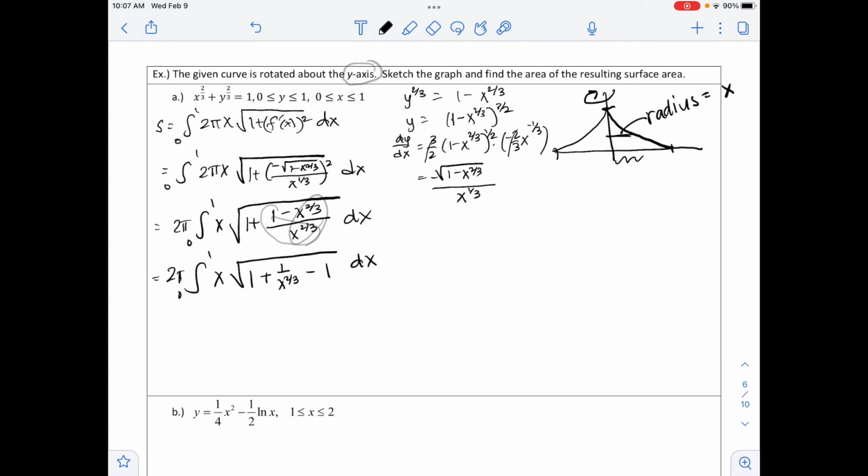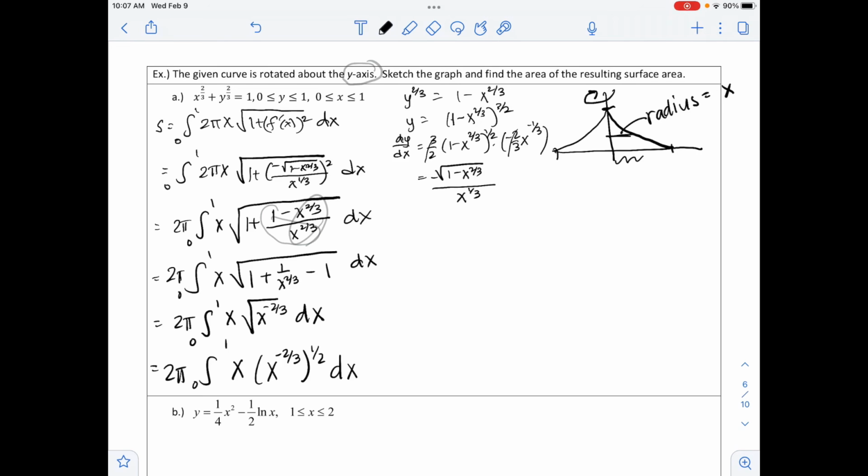And so now looking at this a little bit more, those ones are going to reduce out. And so I have 2 pi times the integral from 0 to 1 of x times the square root of x to the negative 2/3 dx. And the square root's the same as a 1/2 power. So this would be 2 pi times the integral from 0 to 1 of x times x to the negative 2/3 to the 1/2 power dx.